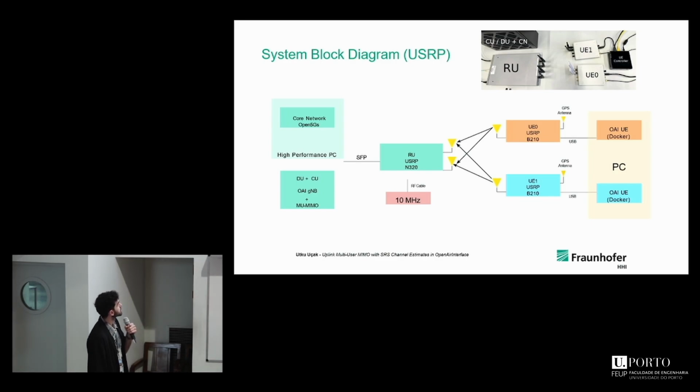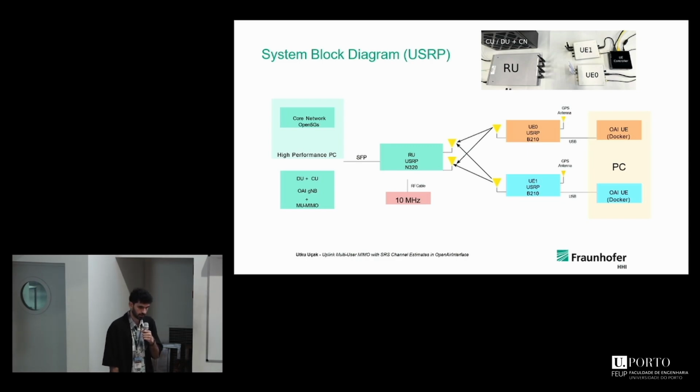And here's one of our system block diagrams, because we had a USRP-based and an ORU-based setup. This one is the USRP-based, where you have a 2x2 overall multi-user MIMO, with a two-antenna gNB and two single-antenna UEs. They are both realized with USRPs. The gNB side is running on a more powerful PC, also with the core network and the multi-user MIMO modifications.